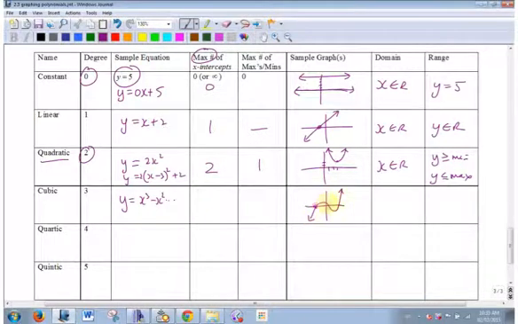It could have 3 x-intercepts. Do you see a pattern here? And again, technically this does not have a maximum, but when we taught it in grade 11, we said it had a local max, and maybe a local min.